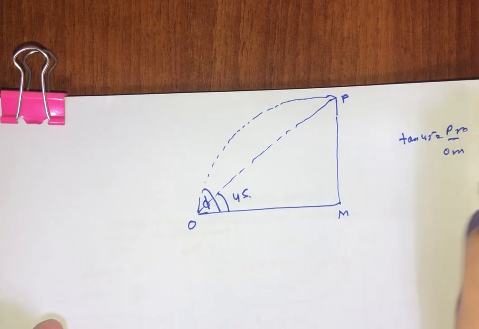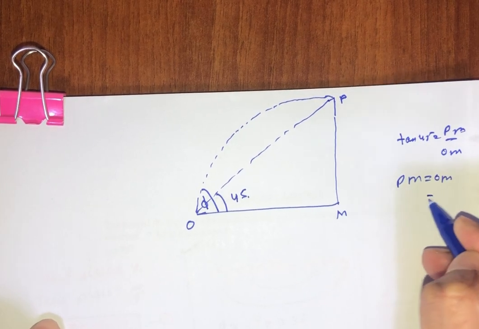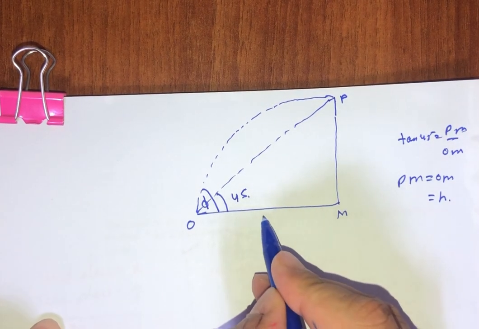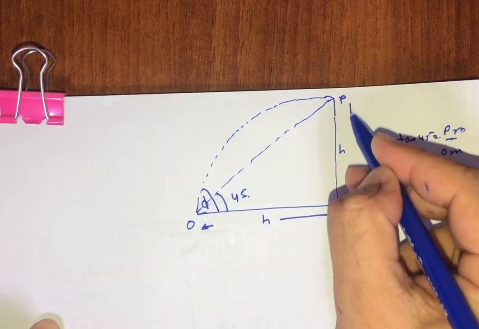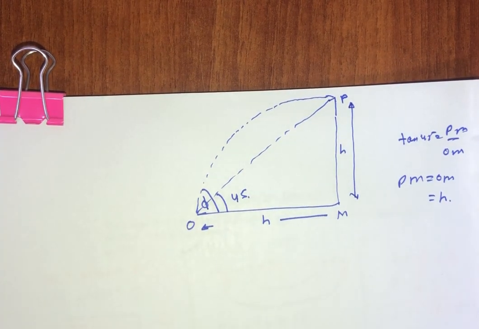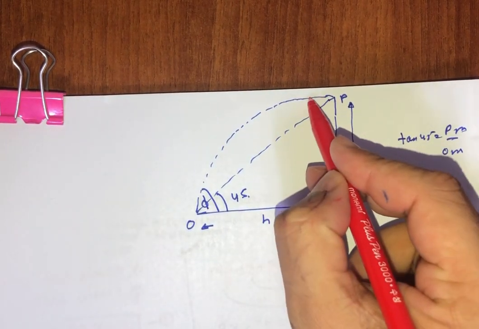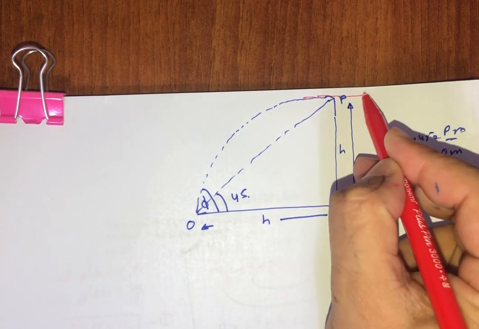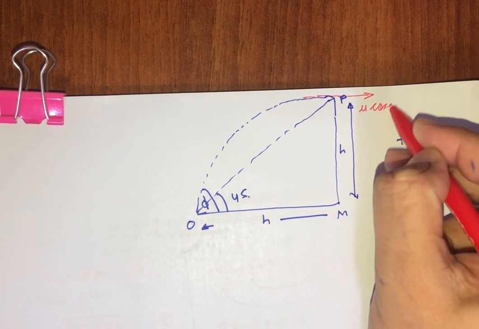Tan of 45 is 1, so PM will be equal to OM, and let that be equal to H. So this value will be equal to H, and this height will also be equal to H. In the first case, we are supposed to find out when the particle strikes horizontally. So the velocity is in this direction, given as u cos of phi.